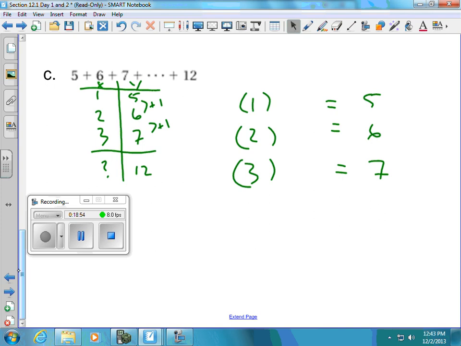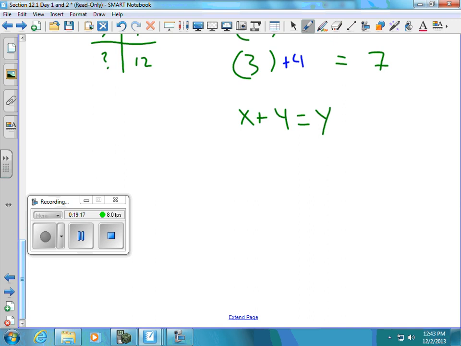So if I add 4 to 1, I get 5. If I add 4 to 2, I get 6. If I add 4 to 3, I get 7. And look at this, it looks like x plus 4. If we're going to write that in summation notation, we'd probably use n, i or j, we'll use n. That looks like n plus 4 equals a sub n.